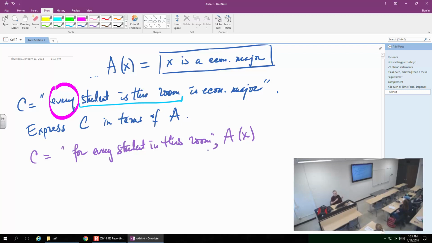So once again, read it. And what you end up with is, for every student in this room, X is an economics major, right? For every student X in this room, I'm sorry, that would be a proper way to put it. For every student X in the room, A of X is true. And what is A of X? X is an economics major.